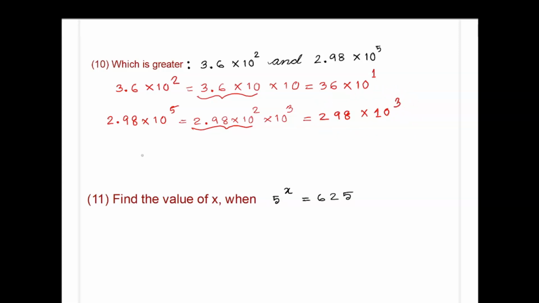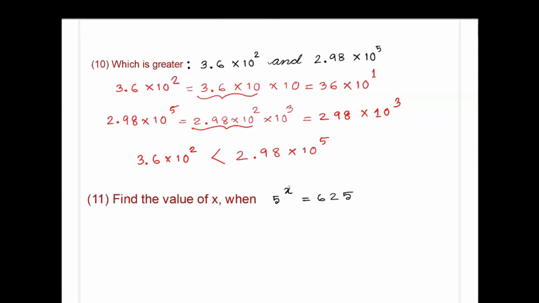So we can write 3.6 into 10 to the power 2 is less than 2.98 into 10 to the power 5. See, here if we remove the point, it is easy for us to compare the numbers, because sometimes some students make mistakes when comparing decimal numbers. Understood? Okay.